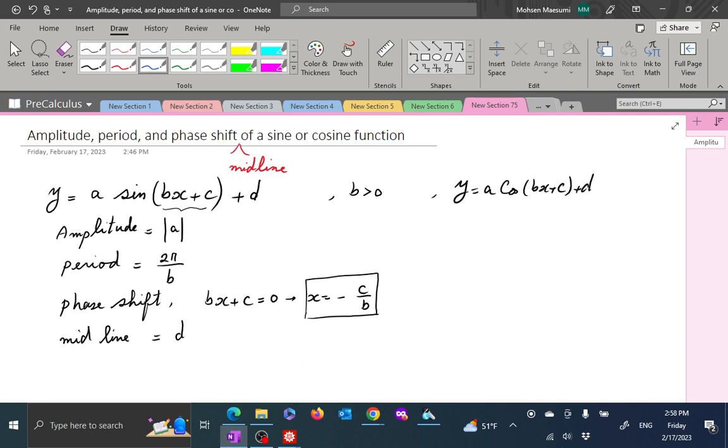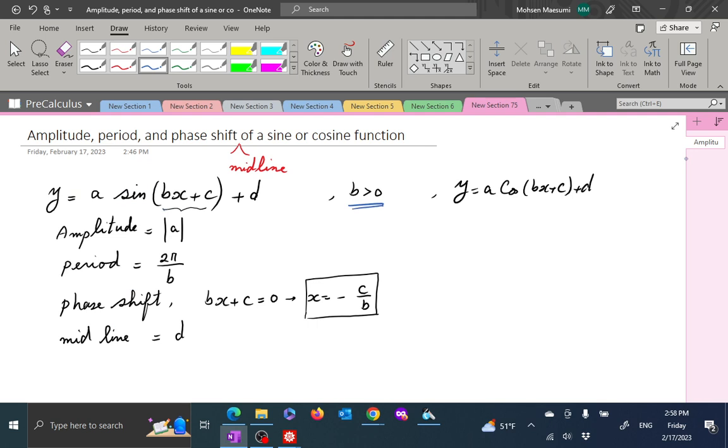So, a sine of bx plus c plus d: amplitude is the absolute value of the multiplier of sine, period is 2 pi divided by the multiple of x. We have assumed this to be positive for simplicity.